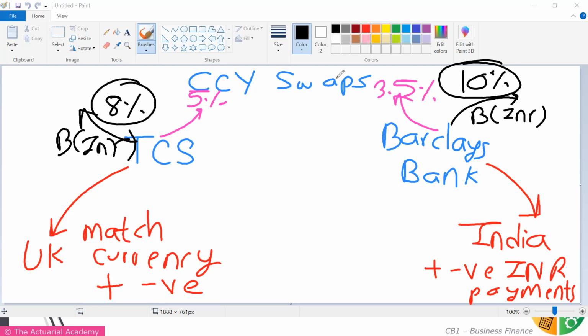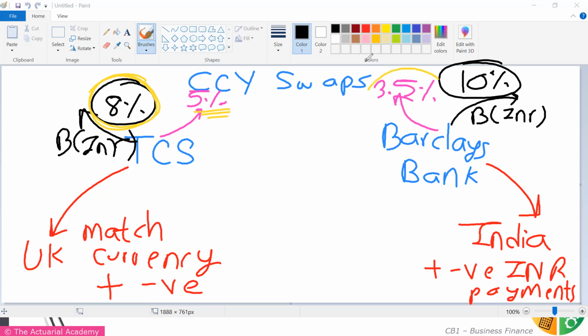So you know now what the advantage is, what the disadvantage is. TCS has the advantage to borrow in INR at 8%, but it wants to borrow in GBP to match the GBP income. TCS can borrow in INR easily at a good rate, but it actually wants to borrow in GBP at a good rate, but it's not getting a good rate in GBP because it's new to UK.